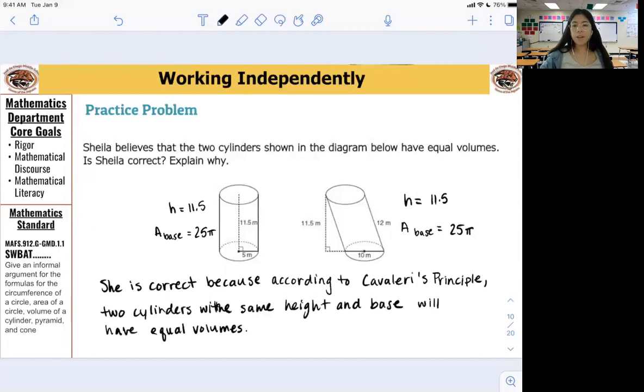All right, so that's the most important thing, just try and remember, like I said, Cavalieri's principle is really important. It comes up as a basic definition question. So if you have to answer this type of question, you definitely want to drop his name.